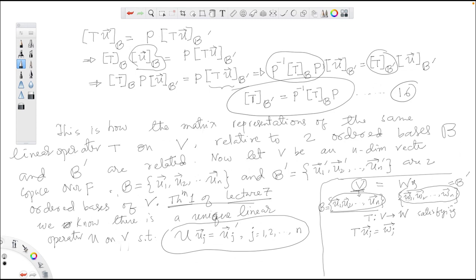Remember that here, instead of wj, we have uj prime, because we are choosing these n vectors to be the ordered basis B prime. It's guaranteed that such a linear transformation exists and is unique by Theorem 1 of Lecture 7.